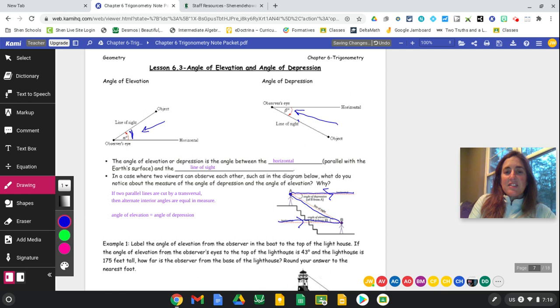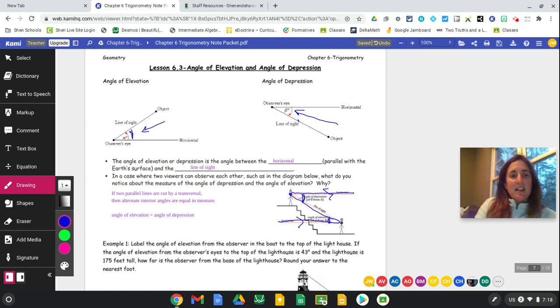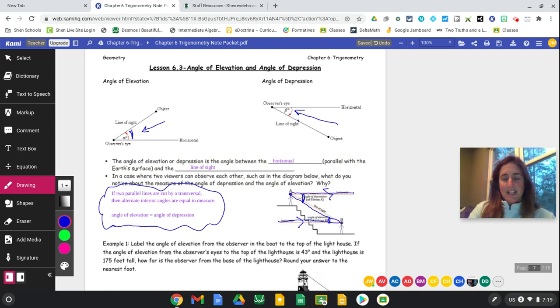And you can actually see that those angles of elevation and depression are equivalent to each other because they're just alternate interior angles. Because we know that if two parallel lines are cut by a transversal, then the alternate interior angles are equal in measure. So really, angle of elevation is the same as angle of depression.